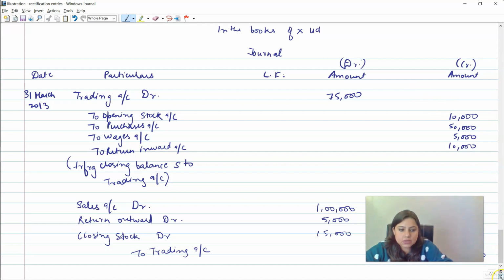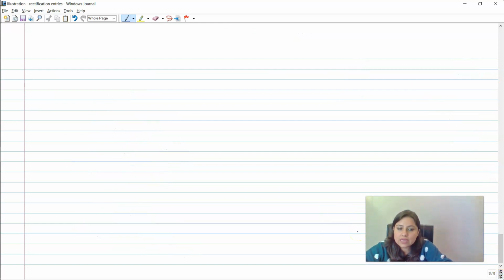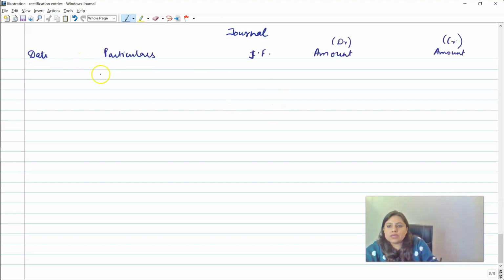So let us pass on the entry. Because the income side is 1,20,000, the income or the sales is more and the purchases is less, so we would be incurring profit. So passing the entry for the profit would come in the journal itself. So this is again the date. The profit that we have incurred would amount to, so the trading account would be debited.